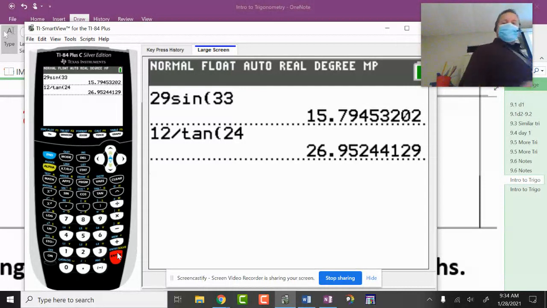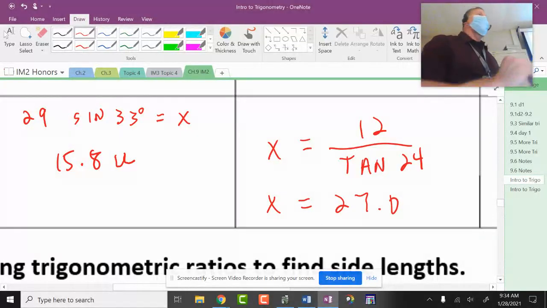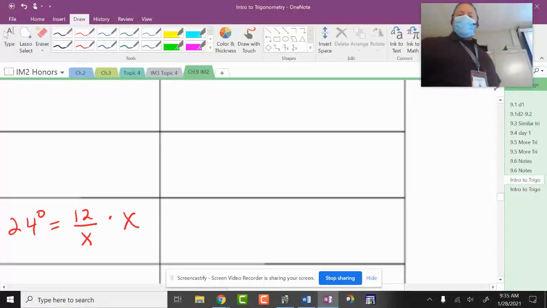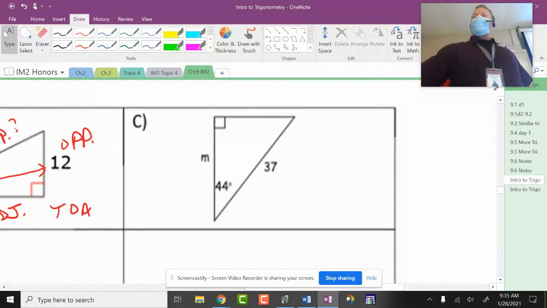What do you end up getting? There you go. 26.95, that 5 moves that 9 to a 0 and bumps that 6 to a 7. So it's 27.0. What do I put as a label on there, Matt, just to keep bothering you? Units. All right. And then let's finish off this chart here.